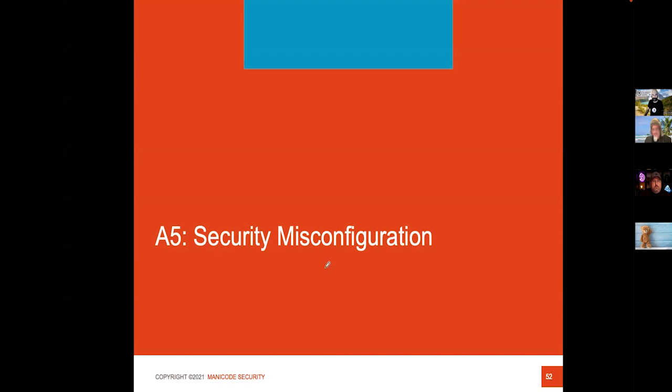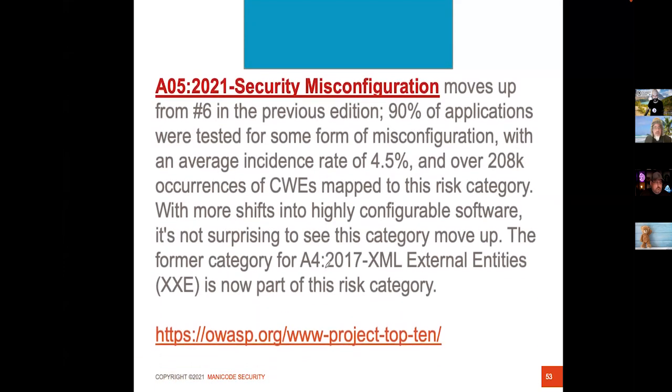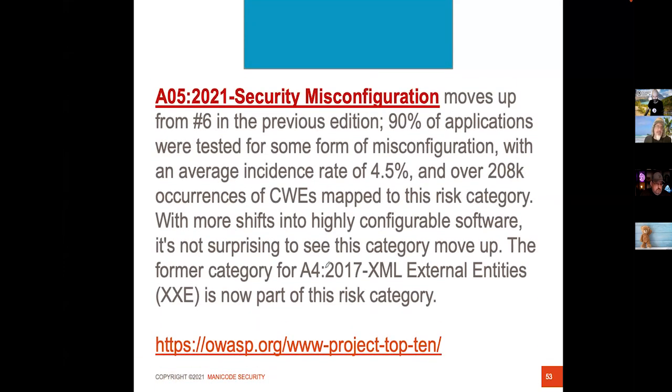A5, security misconfiguration. This is a really critical category. I'd bump this up to like a number 2. I'd say number 1, Log4Shell, third-party libraries. Number 2 would be misconfiguration for me. 90% of apps have misconfiguration. We merge the XML attack category into security misconfiguration. Why?